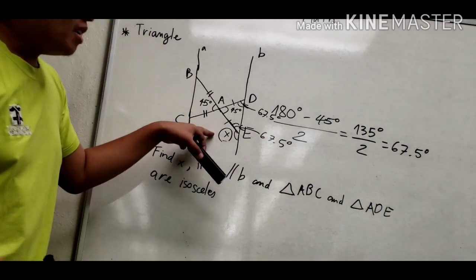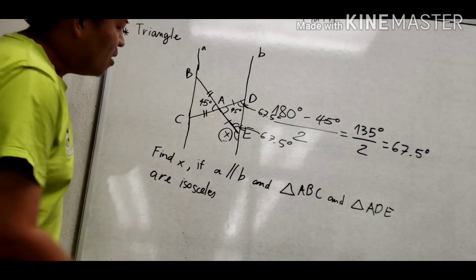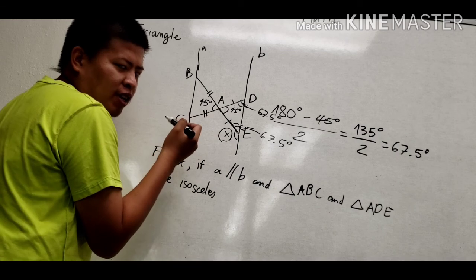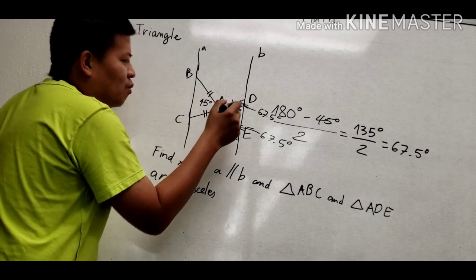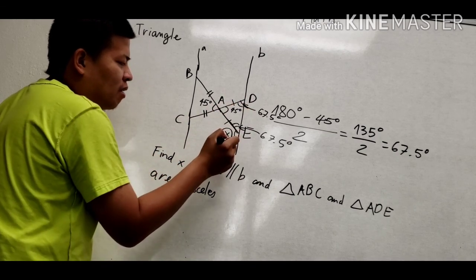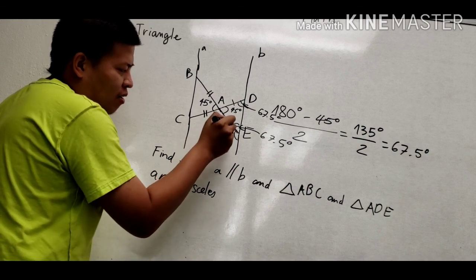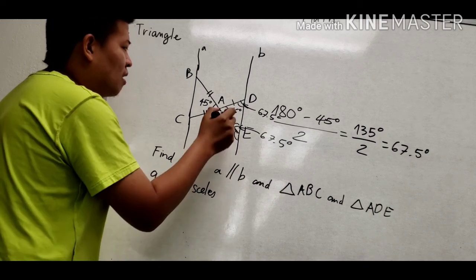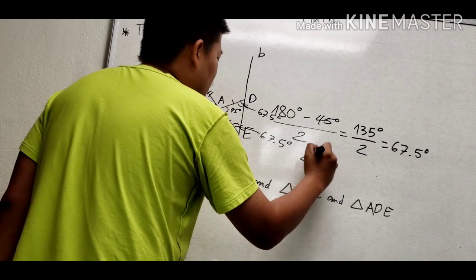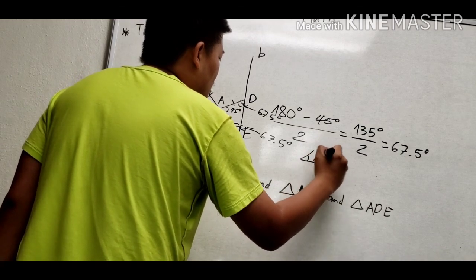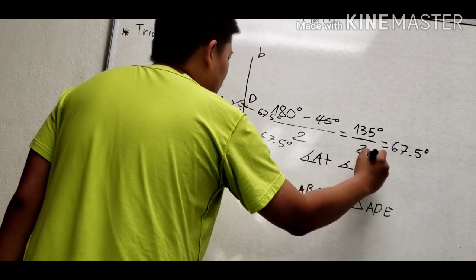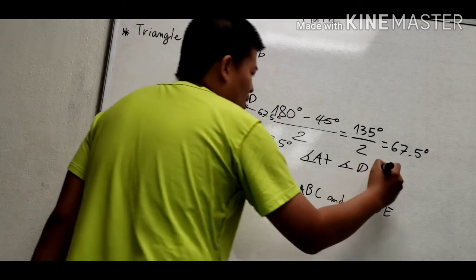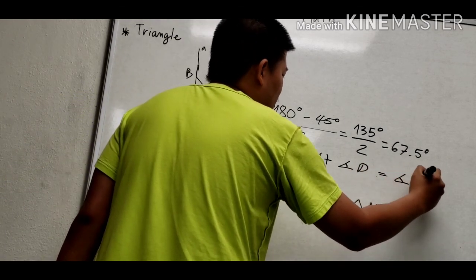But the question asks about the S, and in the previous lesson we learned that the sum of the inside angles will become the value of the angle outside. So you sum the angle A plus the angle D, which becomes the angle S here.